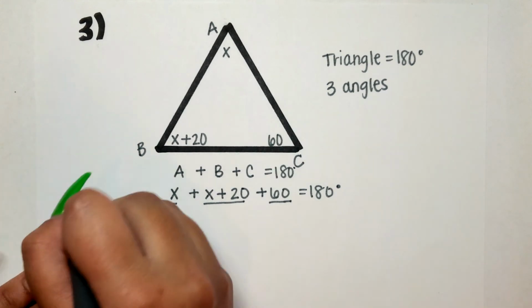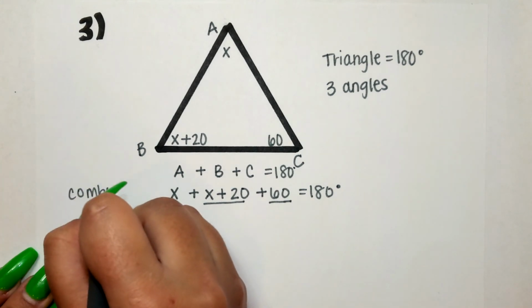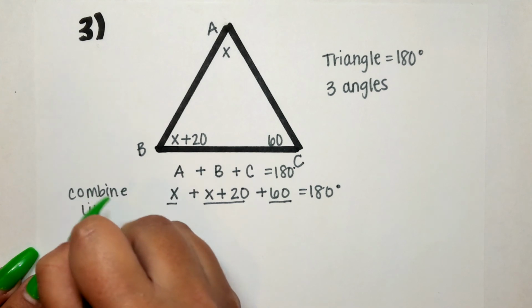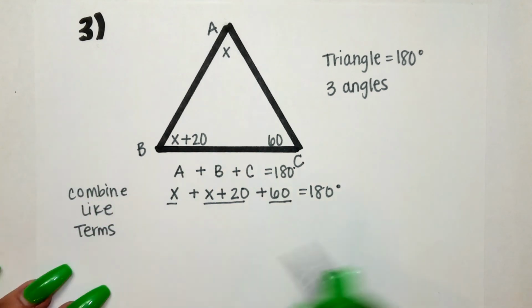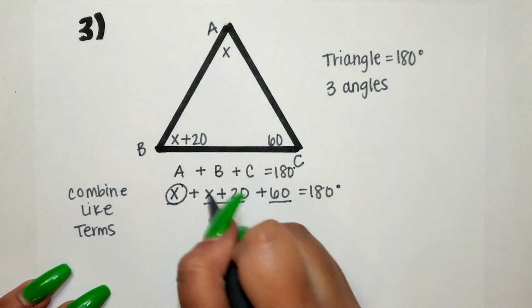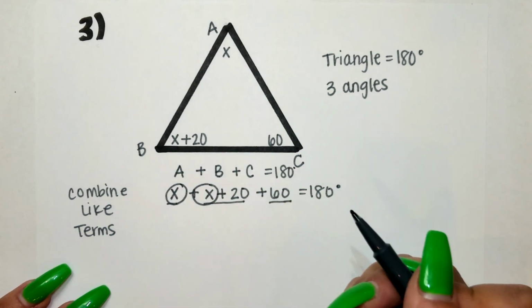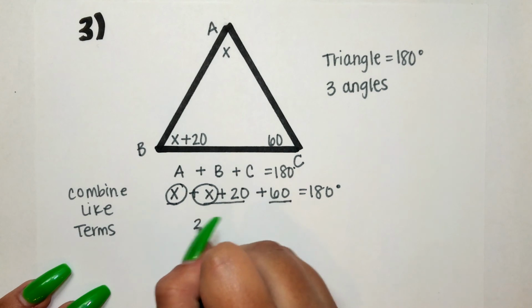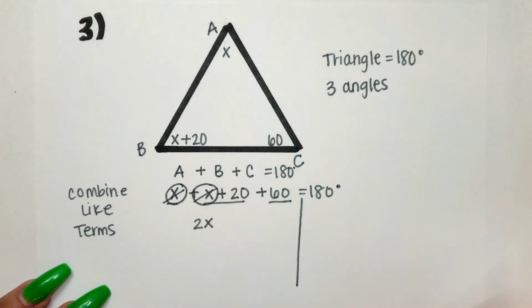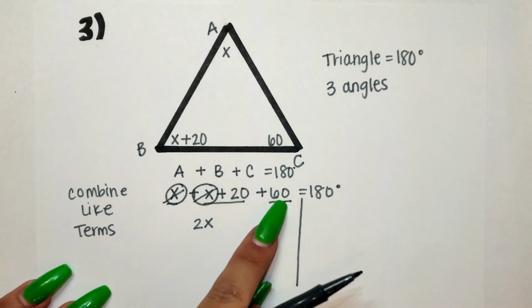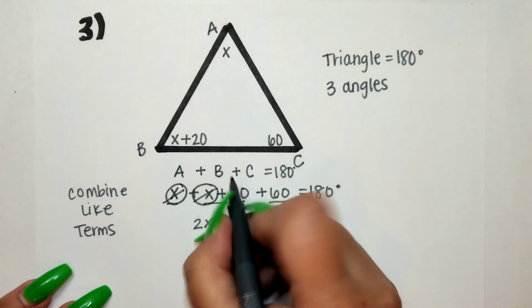Now I want to combine like terms. So I have 1x and 2x. So I have 2x, so I can cross these off because I used them. 20 plus 60.